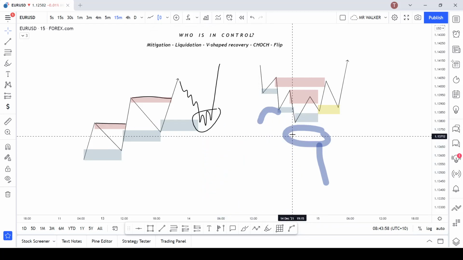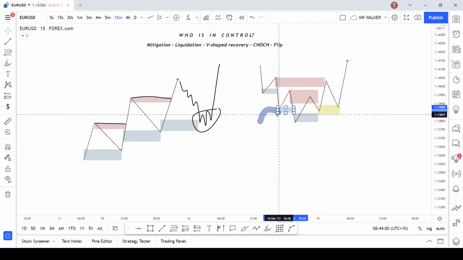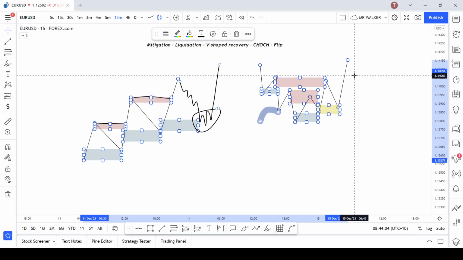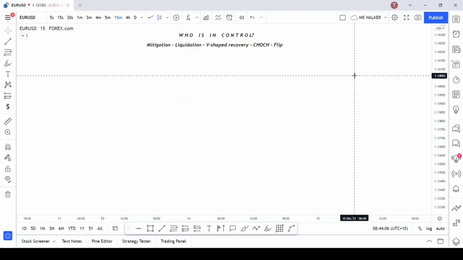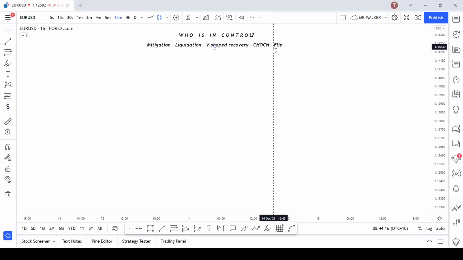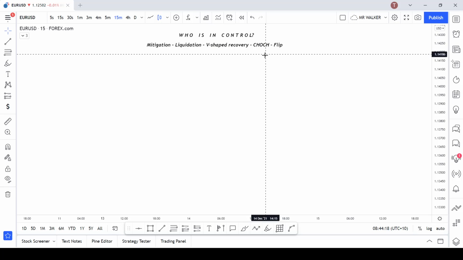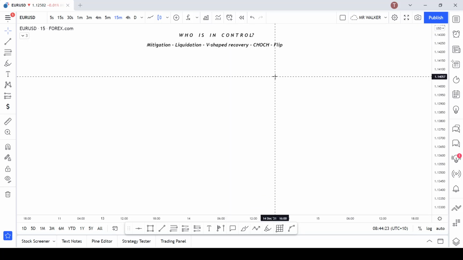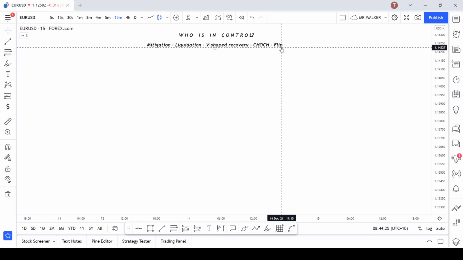Okay. Now let's delete all that. So yeah, this is for me one of the most important concepts in terms of my entries. As you can see, I have 5 criteria to be met when I am looking for entries, and the sixth one is the question overall, and the flip is the last point that I want to see.